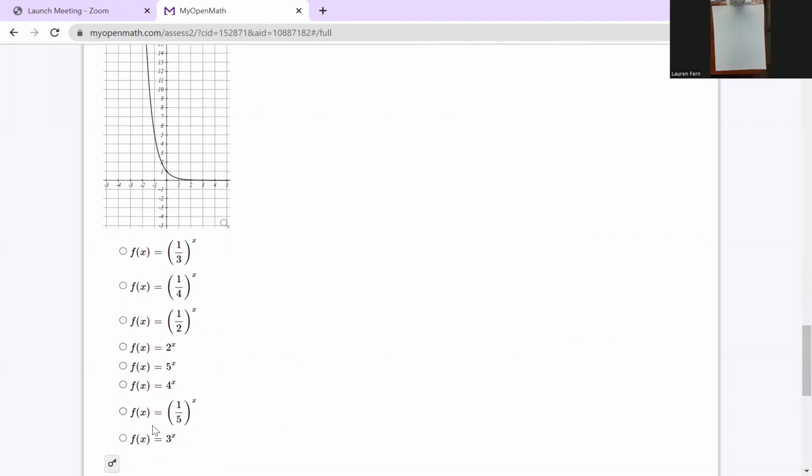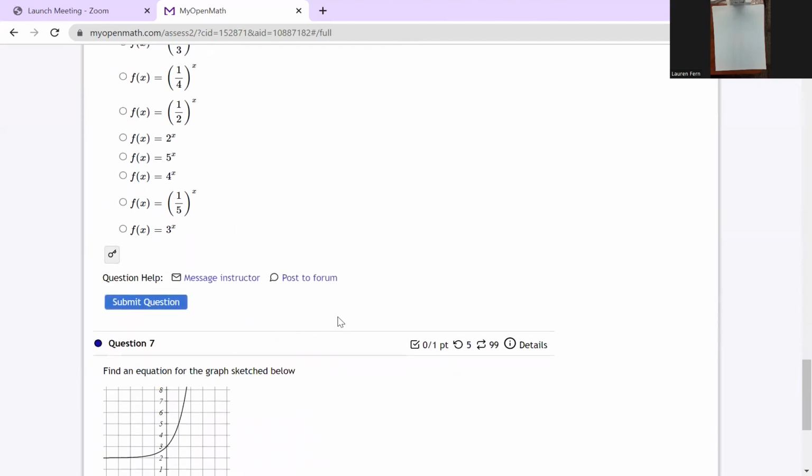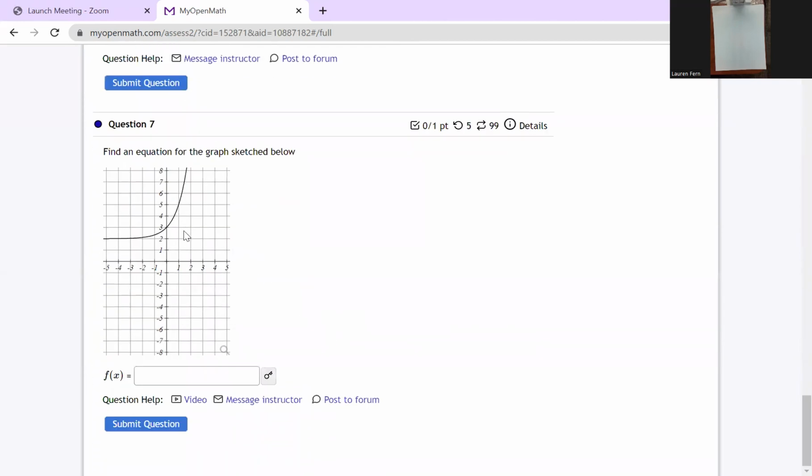The best way to do it is just to look at your ordered pairs. Notice when you plug in -1, what comes out? 5. So that should really give you a hint as to which one of these the graph is. And this one is a similar one, and I'll just show you what it looks like. It's just going to literally be one of your exponential functions shifted up or down.